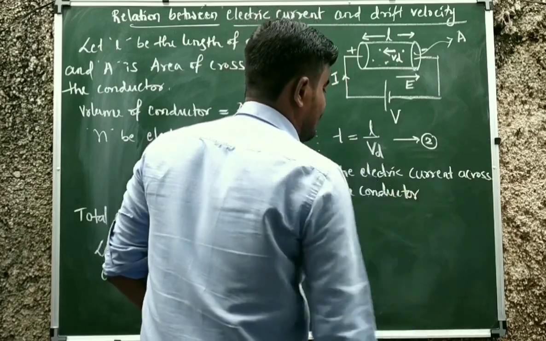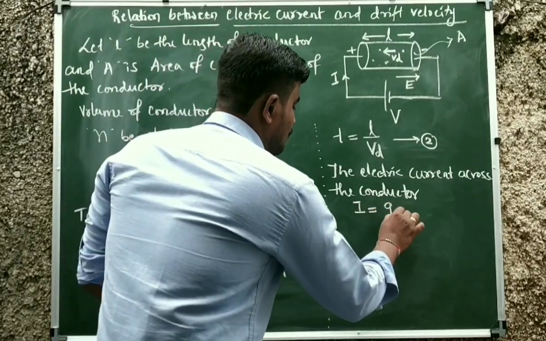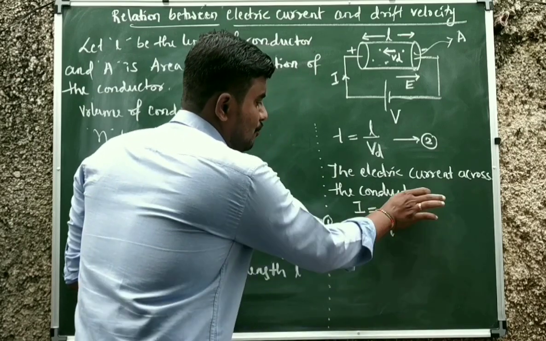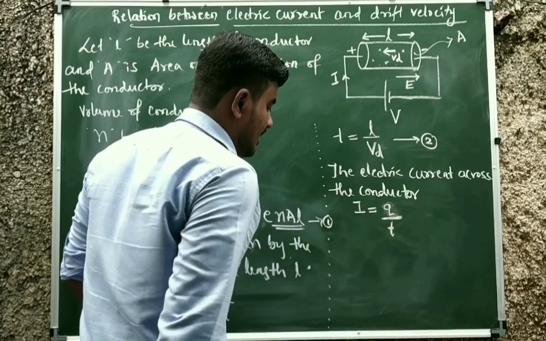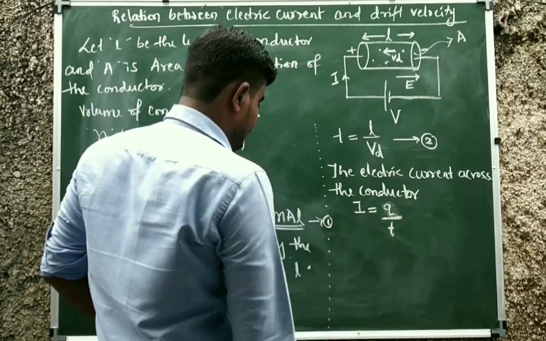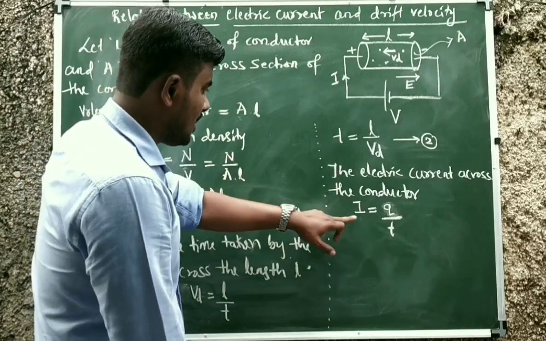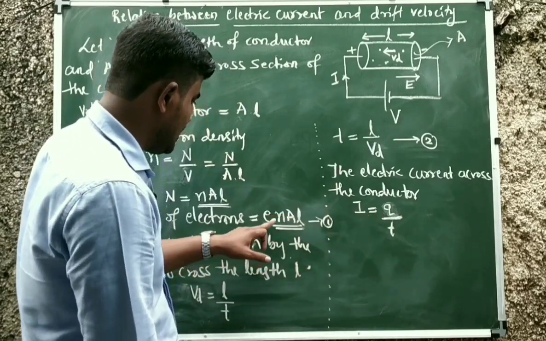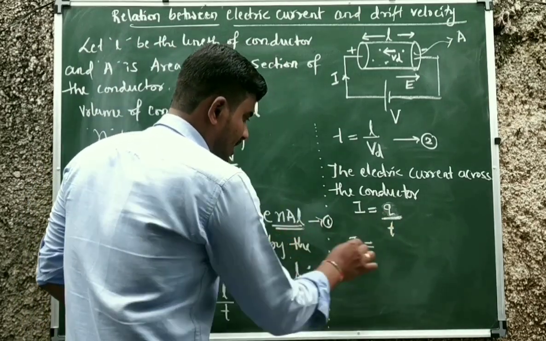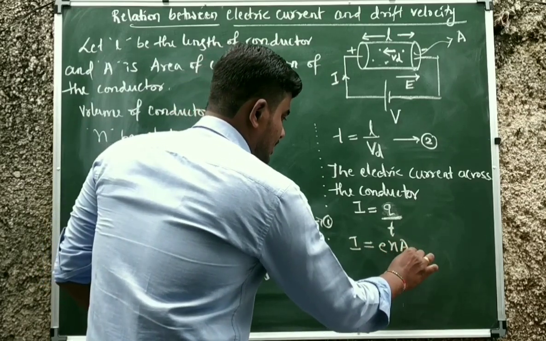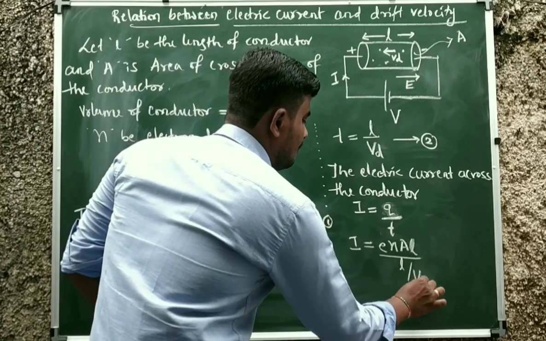As we know, the electric current formula is I is equal to Q divided by T. In place of Q, I can write e n A L, and in place of T, I can write L divided by Vd.